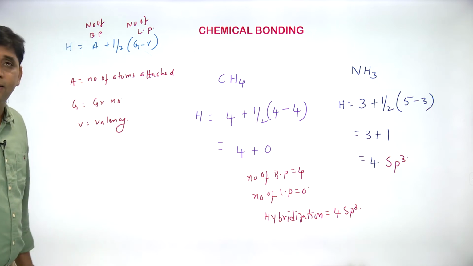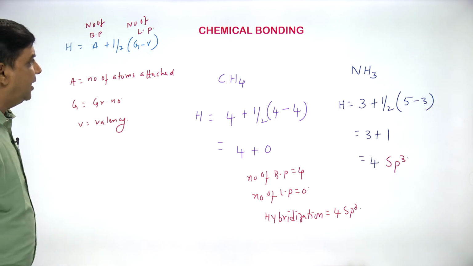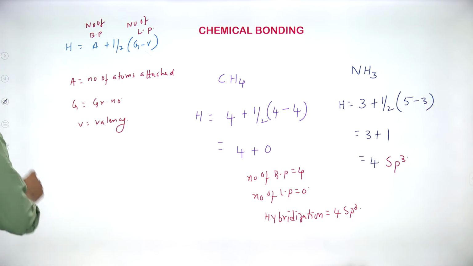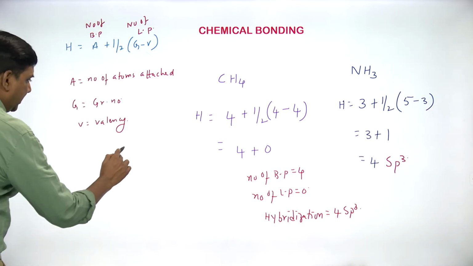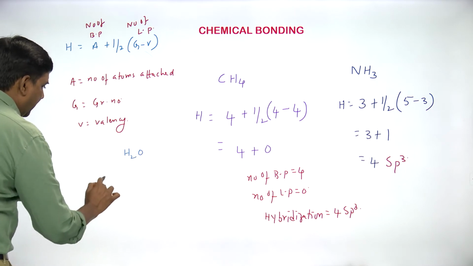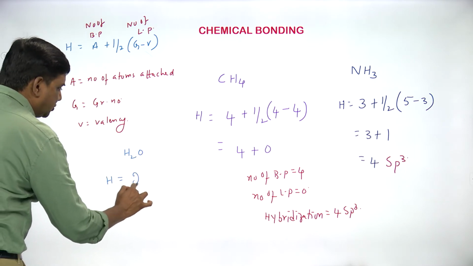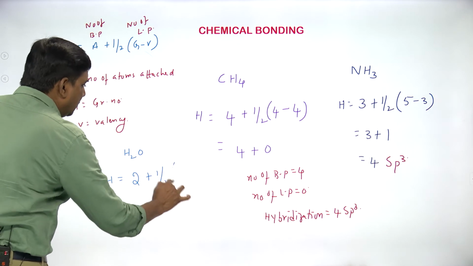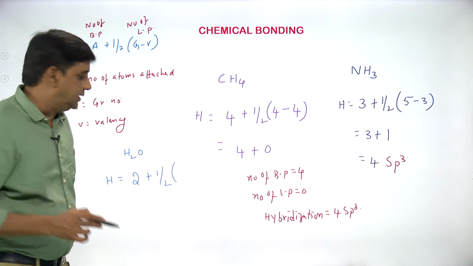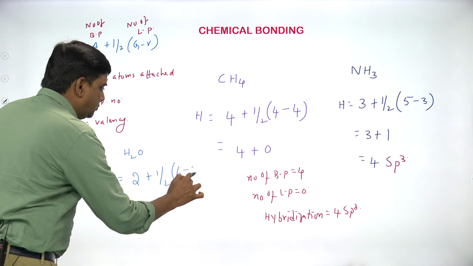Similarly, if you want to find out for water, H2O, hybridization is equal to the number of atoms attached, 2, plus half into, what is the group number of oxygen, students? 6, minus 2.